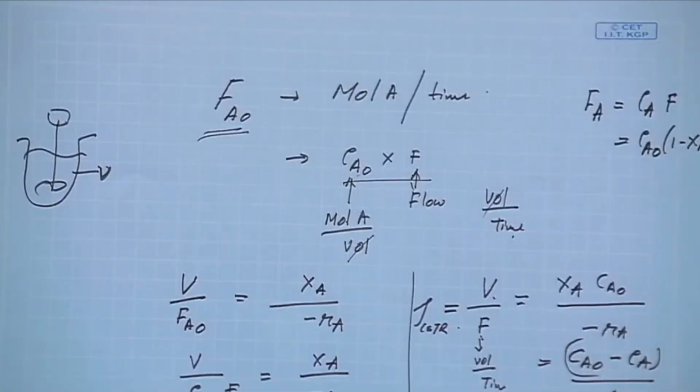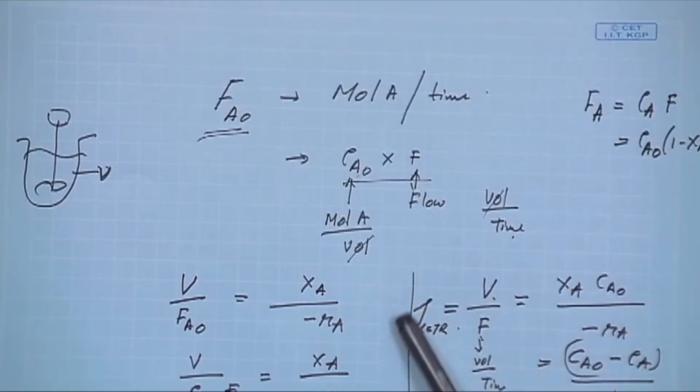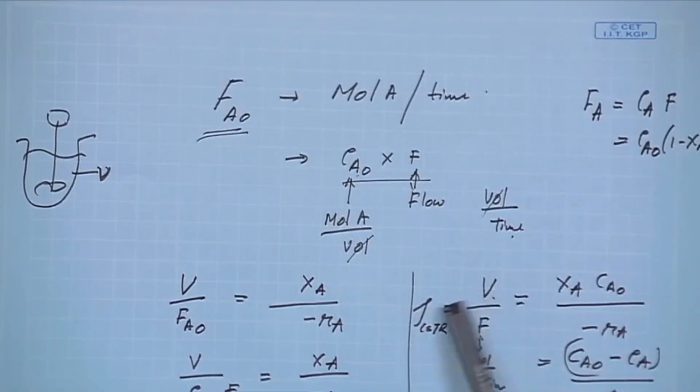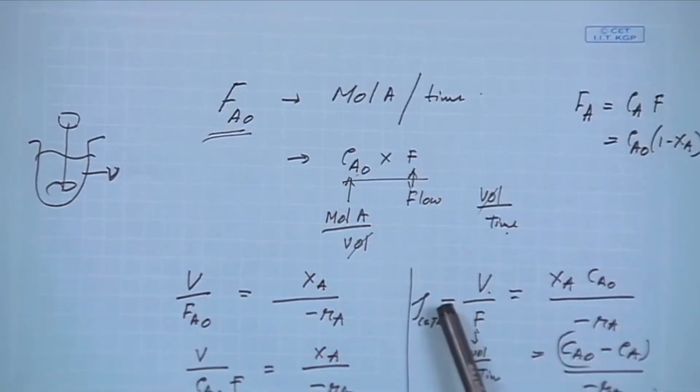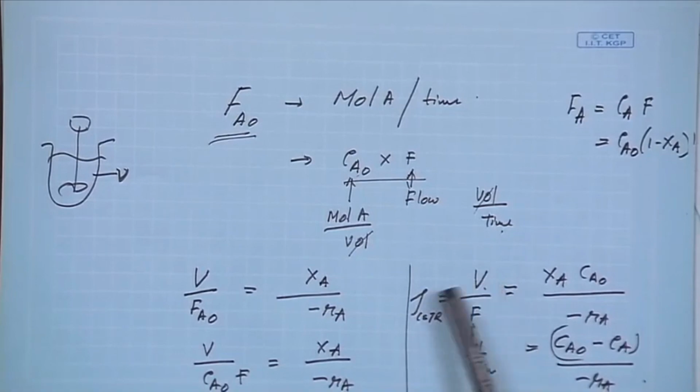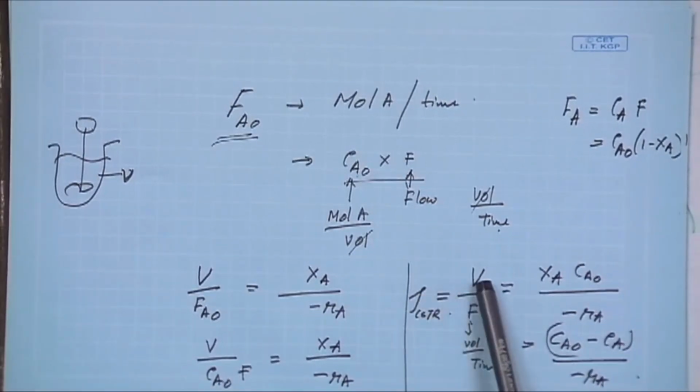And what is desirable is that the space time should be as minimum as possible, because it is directly proportional to the volume of the reactor. If the space time is less, then the volume of the reactor is less. If the space time is more, the volume of the reactor is more.